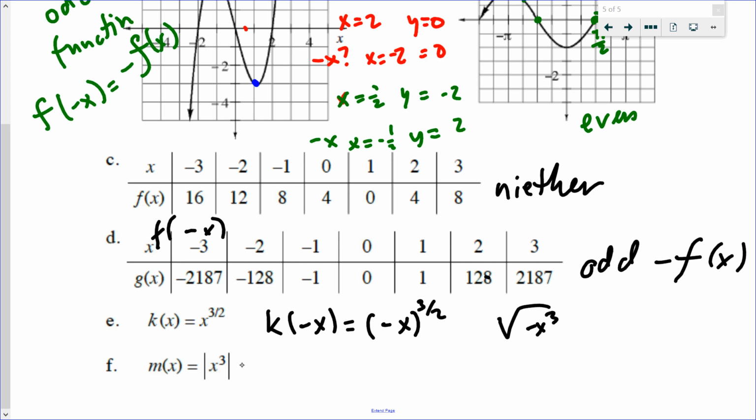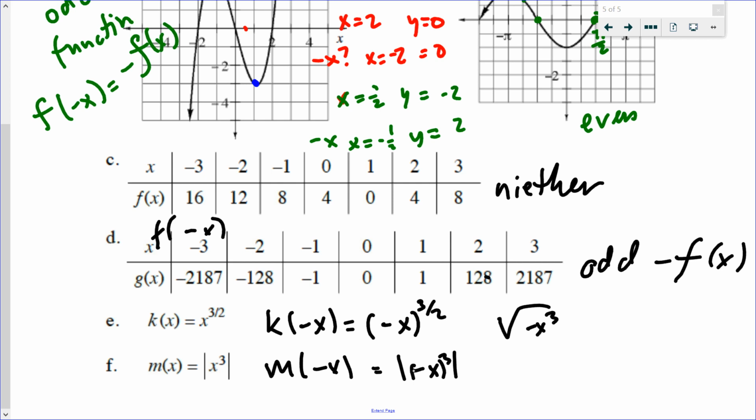Similar here, f, the absolute value of x cubed. If I take f or m of -x, I would get the absolute value of (-x) cubed in parentheses. All taking the absolute value, but that's another very powerful operation. So even though I have a -x, hey, I got to worry about the sign.